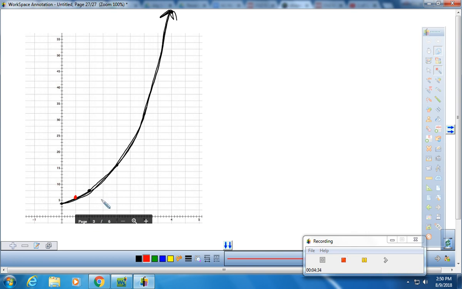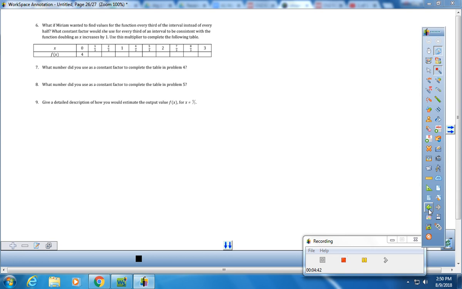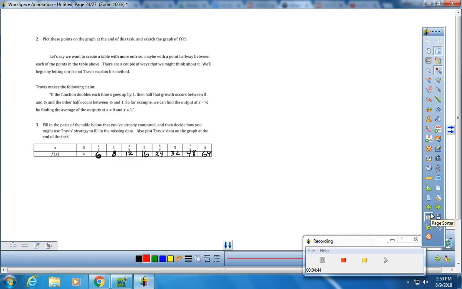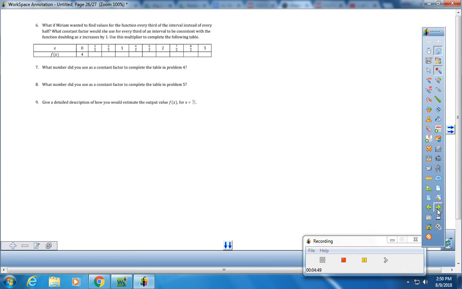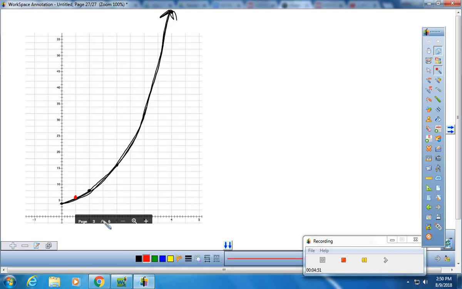Next one was 12, and then 24 and 48. So at this one, we're going to go to 12, which is here. That's pretty close. At this one, we're going to go to 24. That should be here. And then here, this will be 48. I like the way that looks.